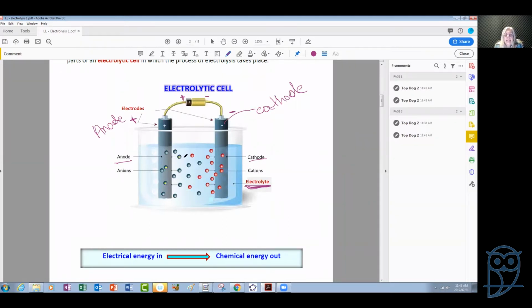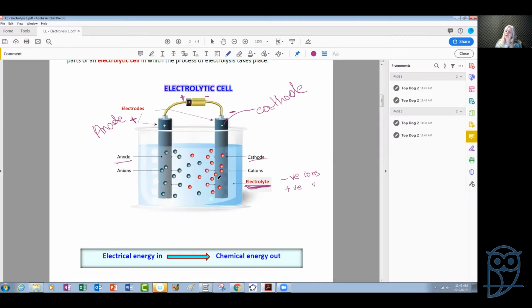So remember, electrolytes have negative ions and positive ions. That is what makes them electrolytes. The negative ions move towards the anode, the electrode connected to the positive terminal, and the positive ions move towards the cathode.